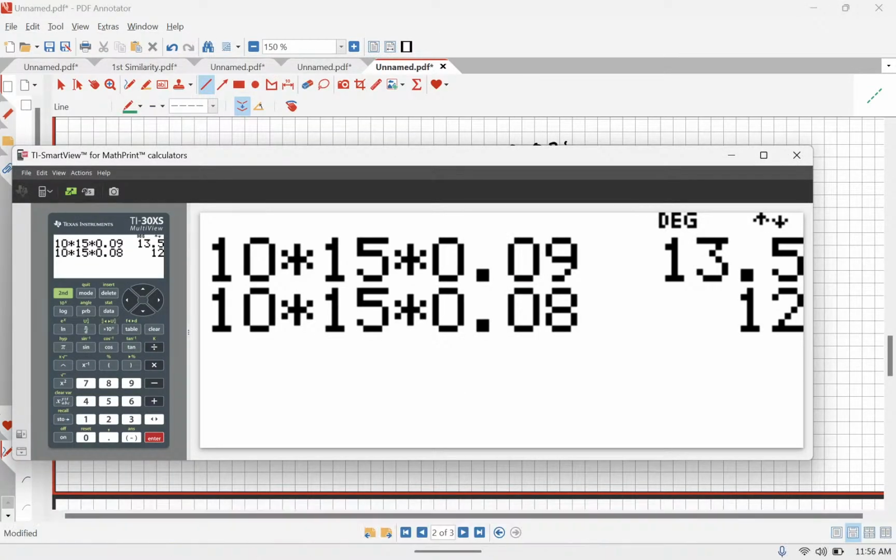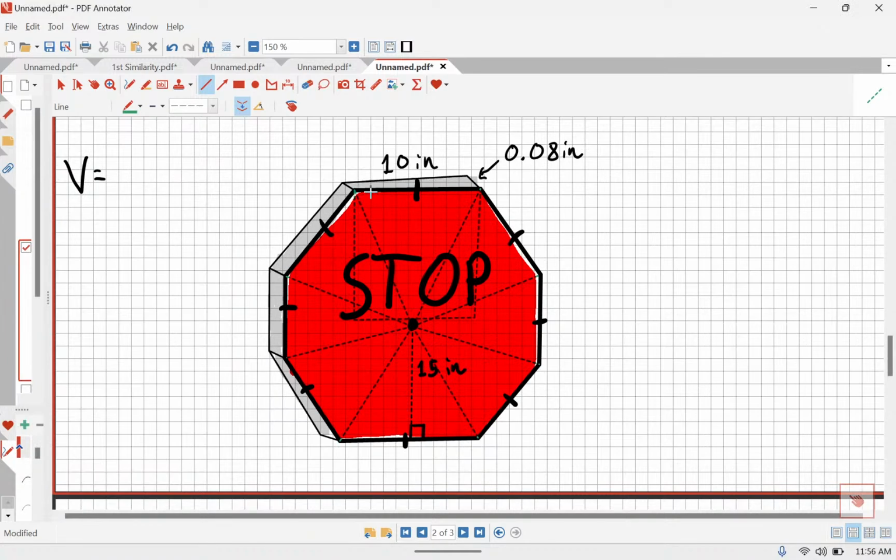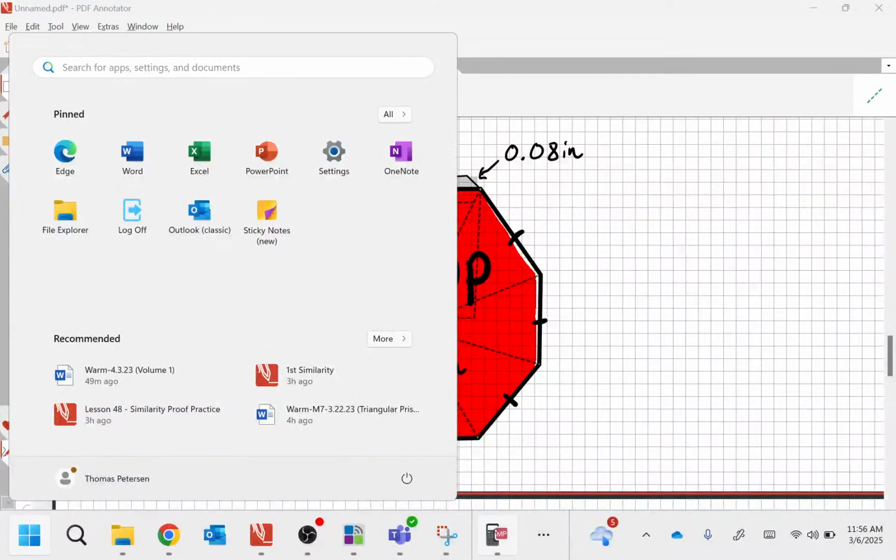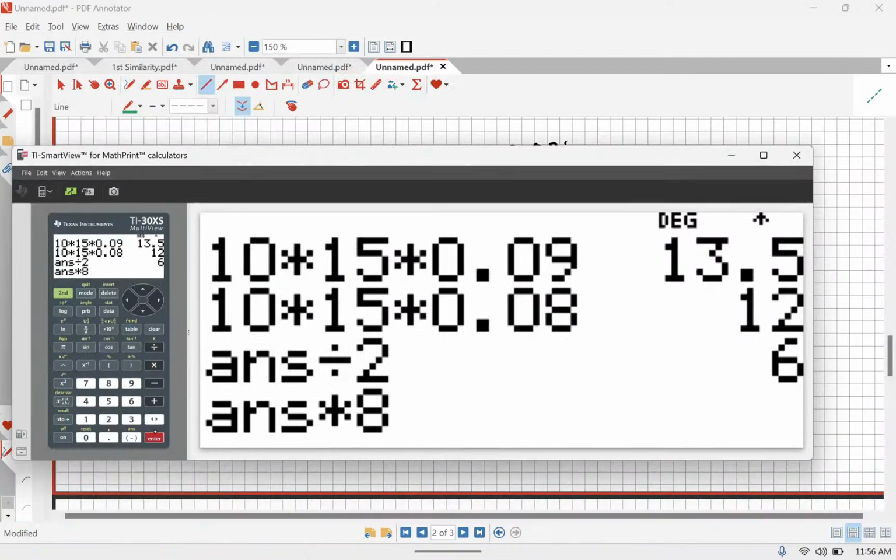So what do we need to do with that number? We divide it by 2, and now that is the volume of one of these triangular prisms. And how many are there? There are 8. So you would multiply that by 8 and get 48 inches cubed.